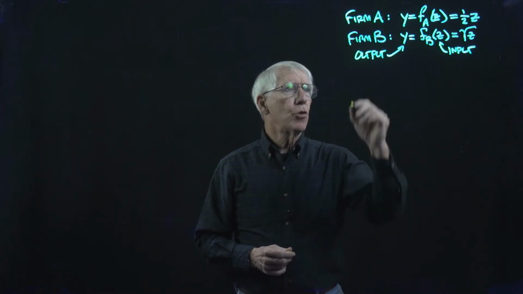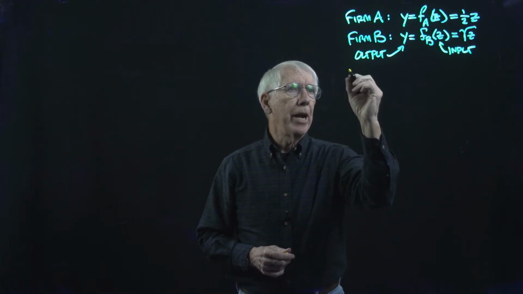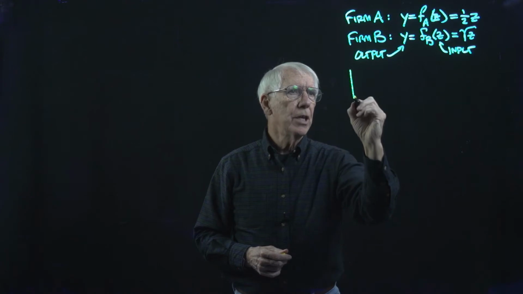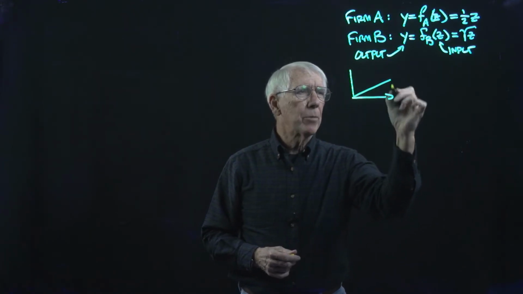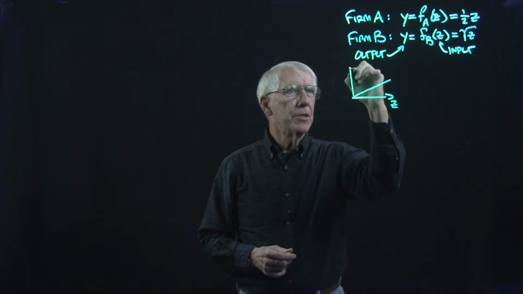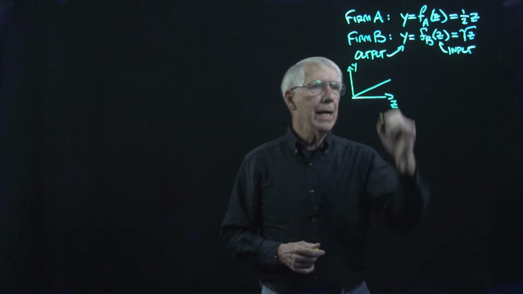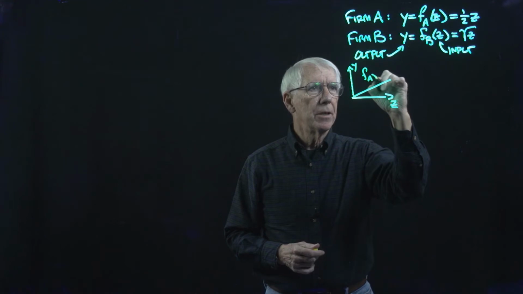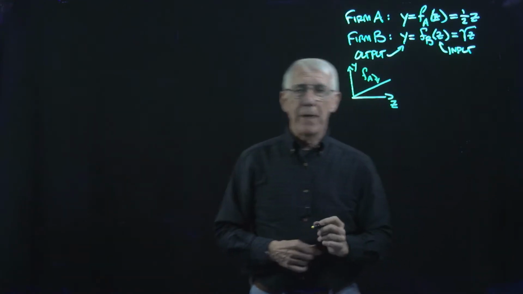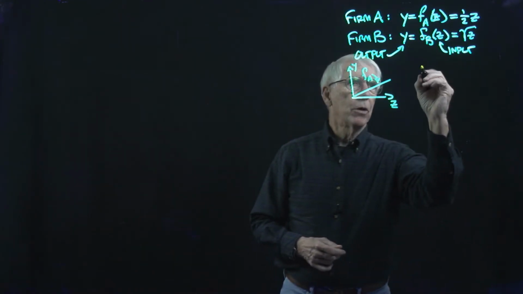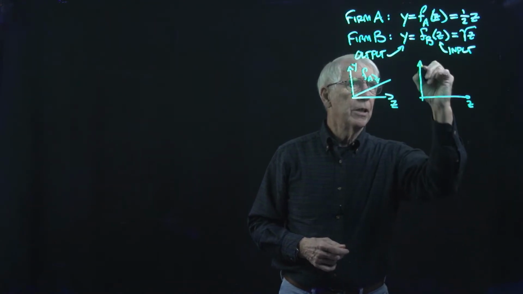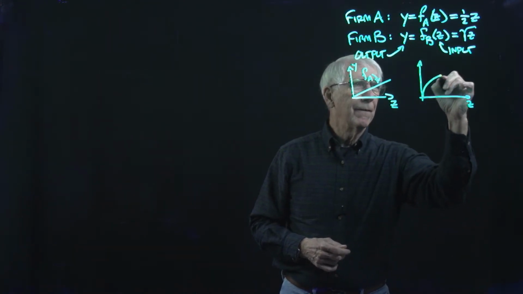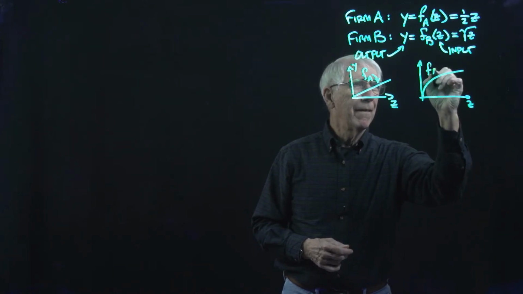Let's draw a little diagram of each of these production functions. So for firm A, the production function looks like this. This is z, this is y, and this is the graph of the production function. And for firm B, we have a production function that looks about like that.